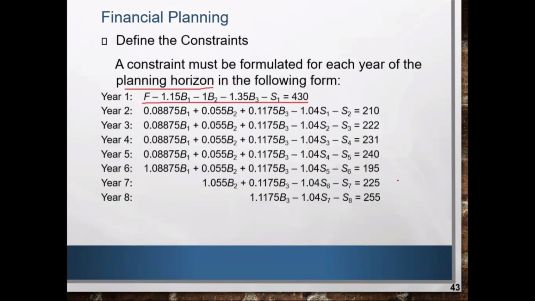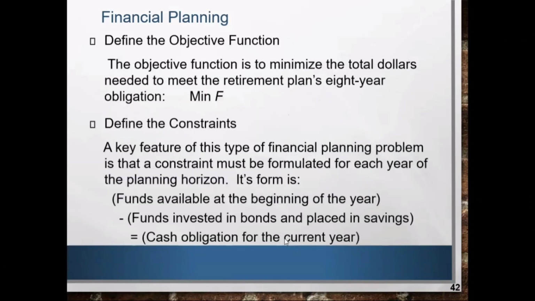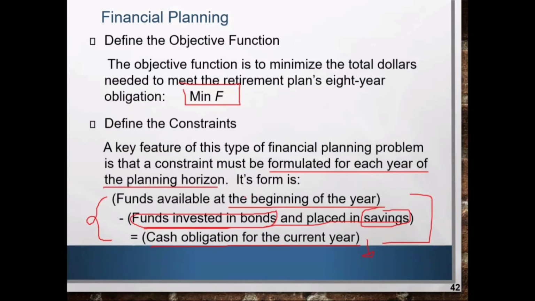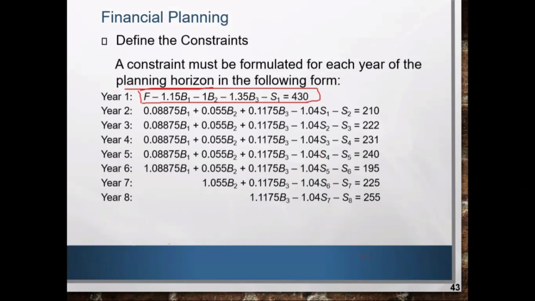So here, going back to the constraint, to make it easier, in year 1 we don't have an interest rate yet. The formula is: funds available at the beginning of the year, which is F, minus funds invested in bonds and placed in savings equals the cash obligation at the end of the year.